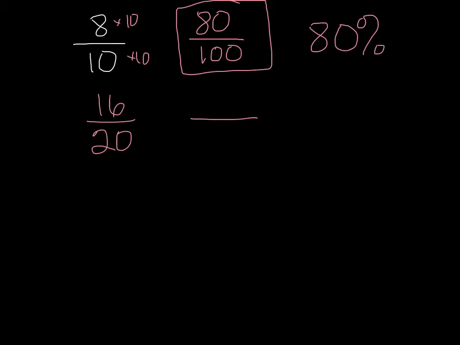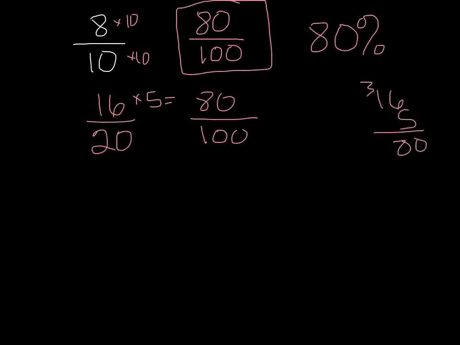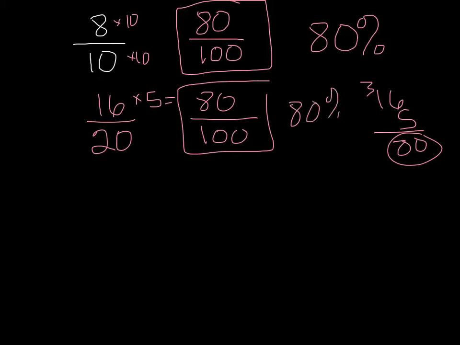So in this case, 20 to become 100 is times 5, and you would get 100. And 16 times 5 is 80, which would be, again, 80%. So we use percent to figure out how much something might be out of 100.